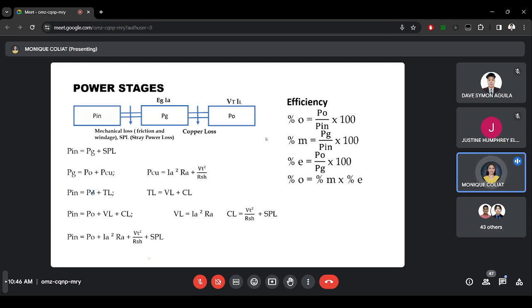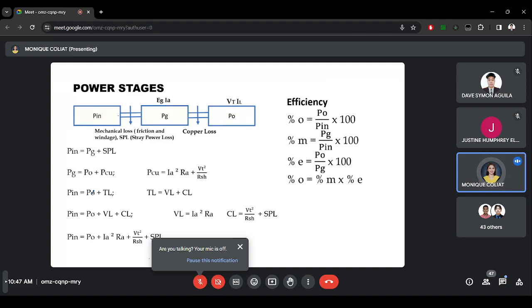So, di ba, kay generator, merong input, merong output, and then generated. Okay, so ito yung ating concept ng power stages ng generator. So, we have the input power, we have the generated power, and then we have the output power.